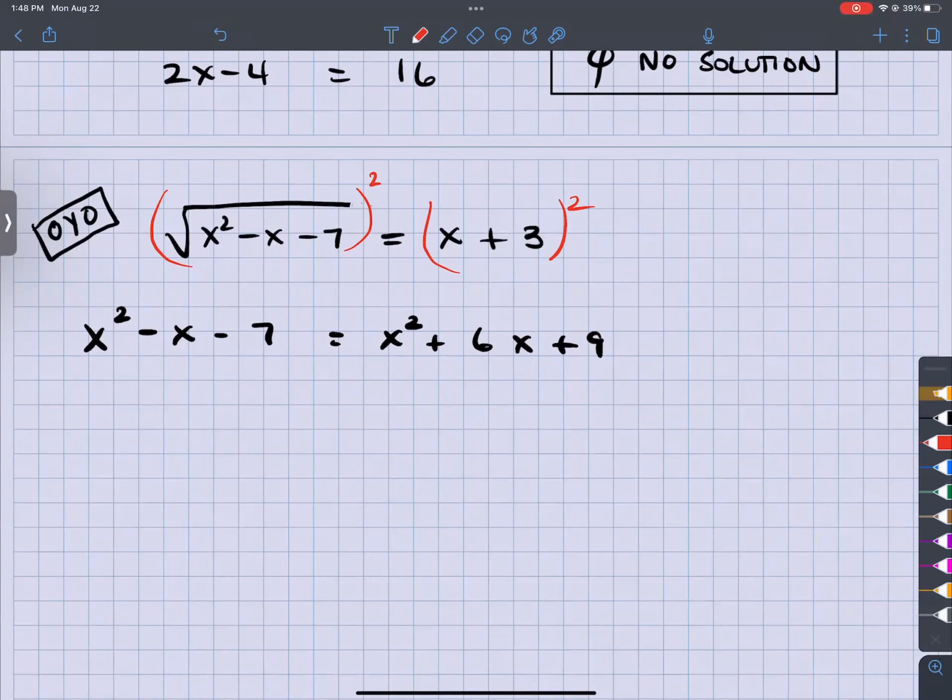On the right side, you actually have to write the x plus 3 twice and FOIL it. I see a squared term and an equal sign, so I'm thinking, ooh, quadratics. So I start moving things over to the other side, but when I subtract the x squared, it goes away. So then I have a regular equation. I no longer have a quadratic. That means I just gotta get x's to one side and numbers on the other. So that's what I'm gonna do.